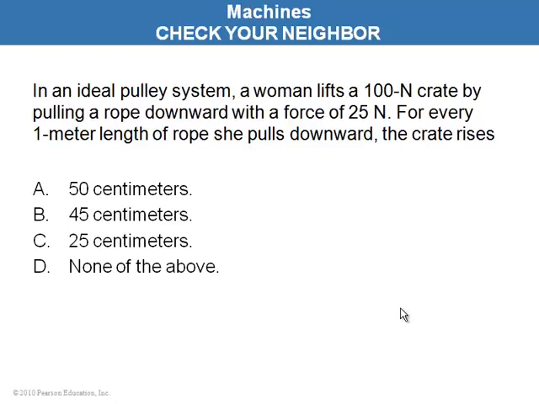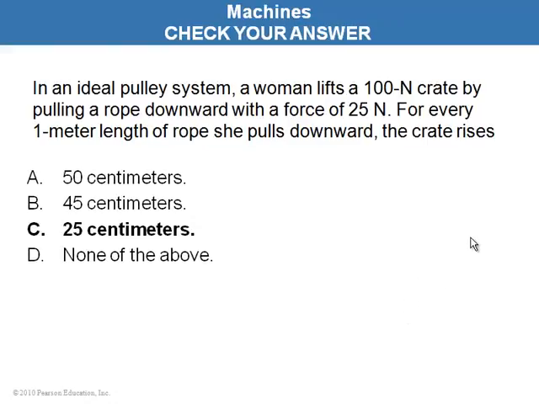So the 25 newtons times 1 meter, that's the force input and the input distance, is 25. And then the output work is 100 newtons times 25 centimeters, which is a quarter of a meter, which is 25. So that's why it's the same.